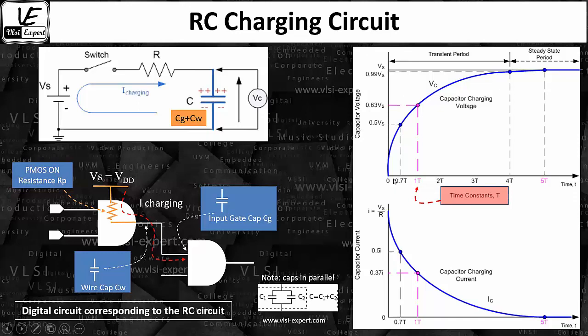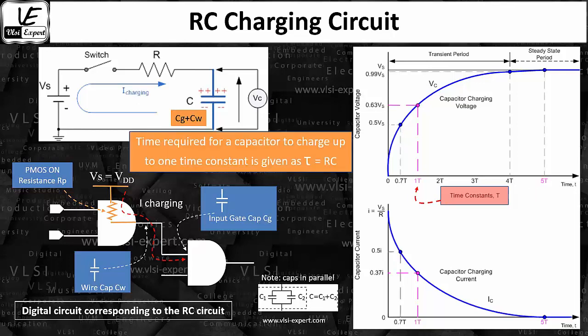The time taken by the circuit to charge the capacitance to 63% of Vs is considered as one time constant, 1t. And as per the graph, to reach 99% it takes 4t, and in 5t ideally we consider you will get the maximum voltage, and after that there will be no change in the voltage. That means you can say the capacitor is fully charged. So to reach this particular level of 99%, it is 4t.